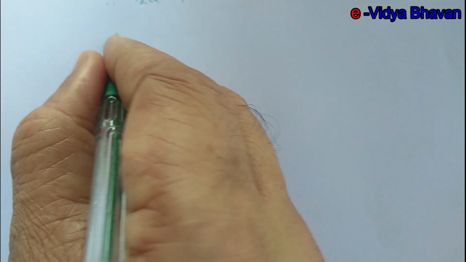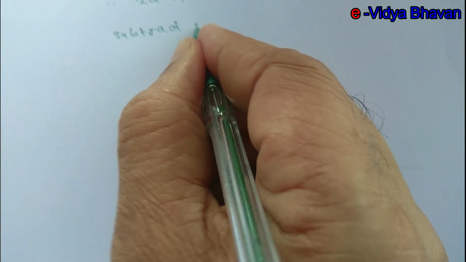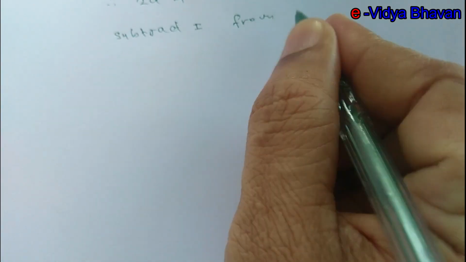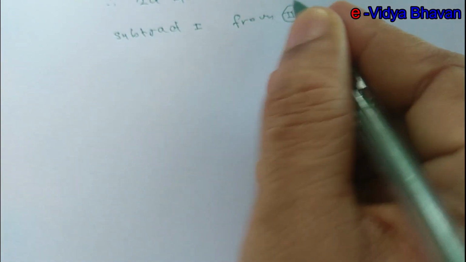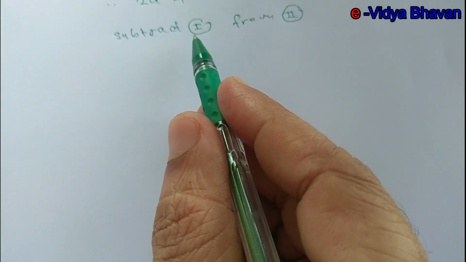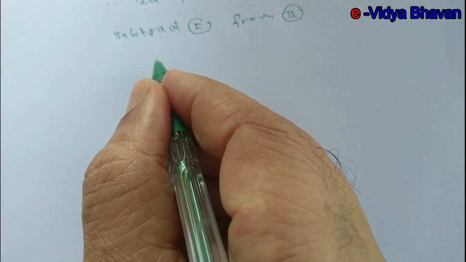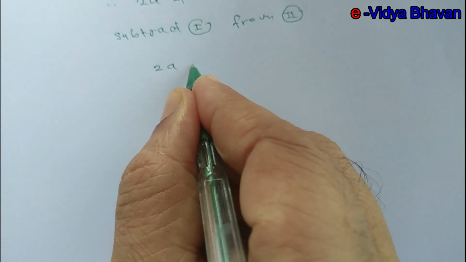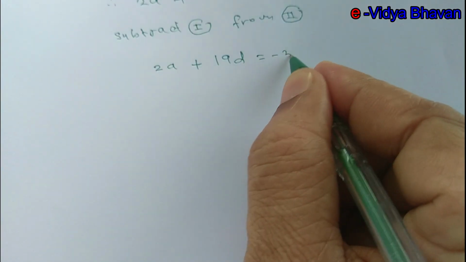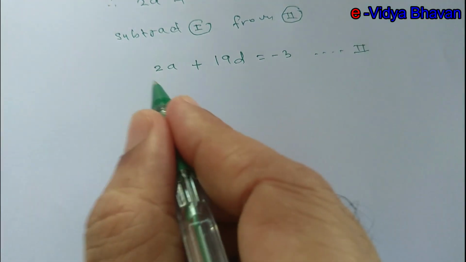Subtract 1 from 2. So you want to subtract 1 from 2. Second equation you know very well. 2a plus 19d is equal to minus 3. This is your second equation.